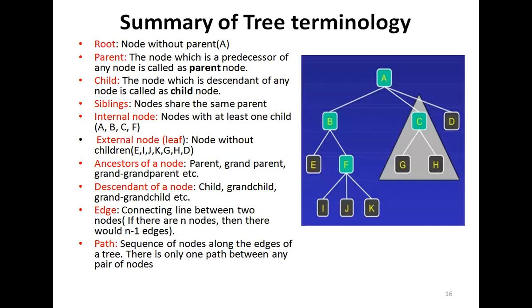So this is the summary of tree terminology. Okay. So we can go through this. Everything we discussed: root node, parent, child, sibling, internal node, children, grandparent. See, A is grandparent of E and F. Descendant of a node: child, grandchild, etc. See, B, C are descendants of A. Similarly, E, F are descendants of B. And path is a sequence of nodes along the edges.